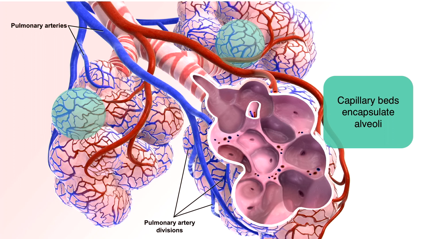Completely surrounded. So the distribution of blood is around the entire alveolus. Lots of surface area for the exchange of gas. And now it follows the same principle we saw in that 3D video. Capillary exchange by diffusion. CO2 out, O2 in.